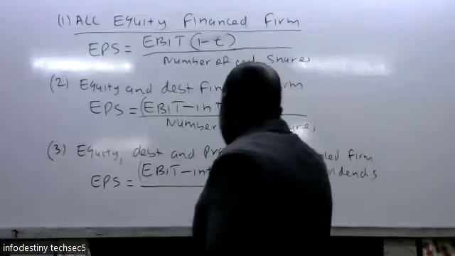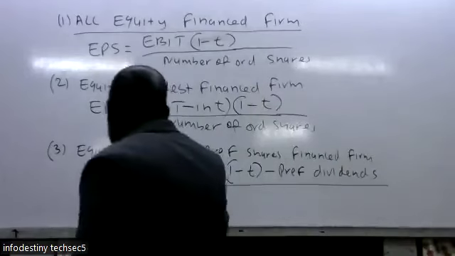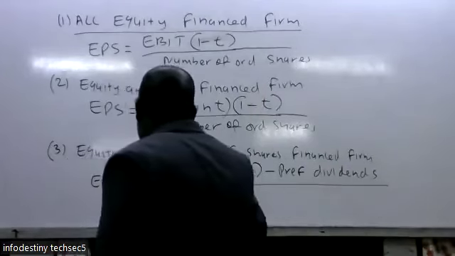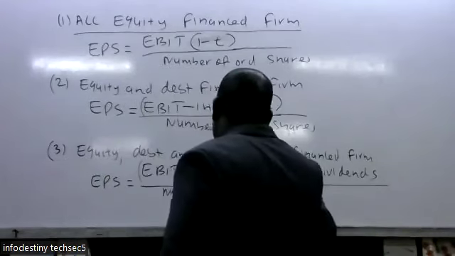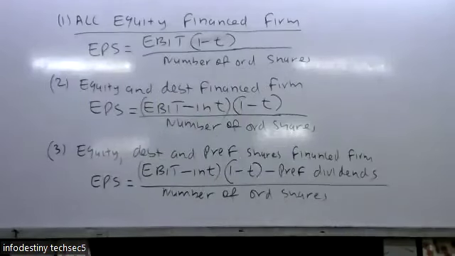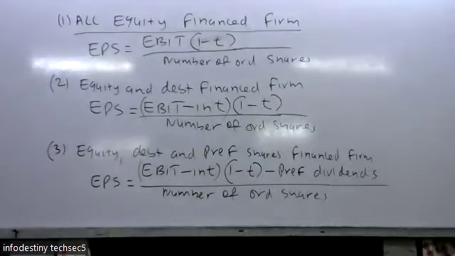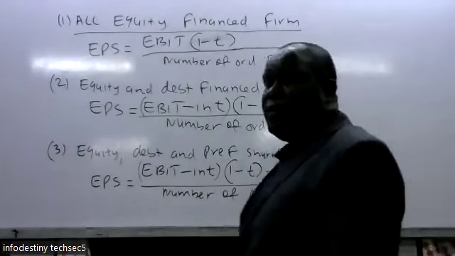Then we should be able now to divide by the number of ordinary shares. So that is now when it is equity, debt, and preference shares financed.